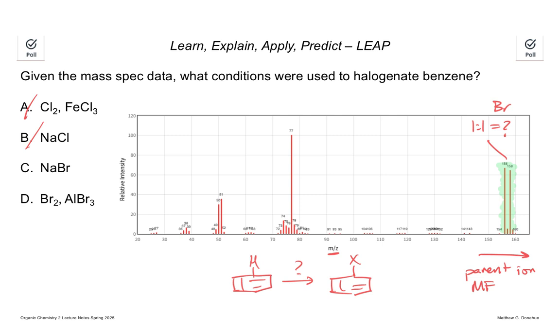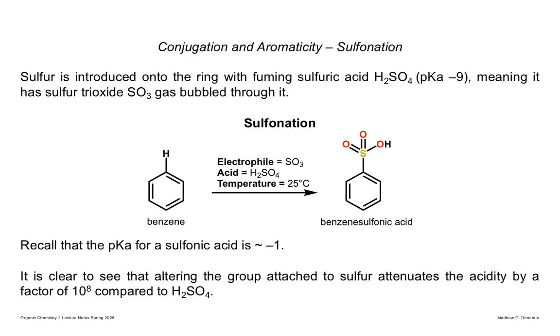And I said sodium bromide is Br minus, so that's not electrophilic. So their choice has to be D. So that's how we get chlorine and bromine on.